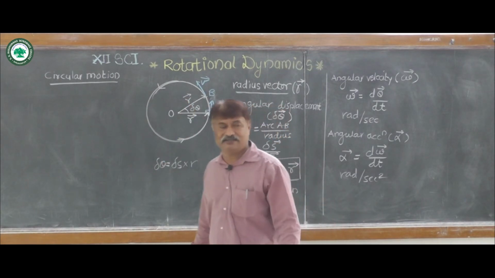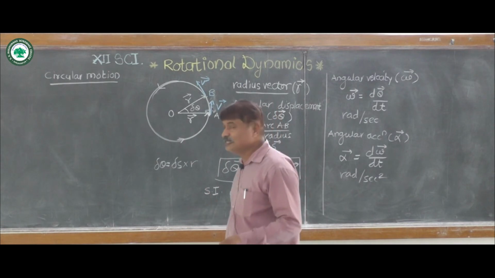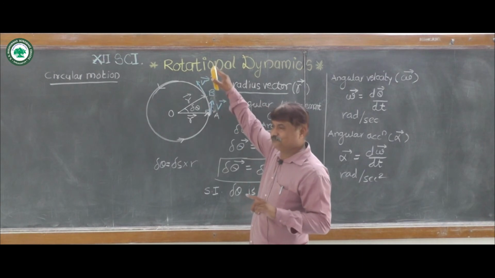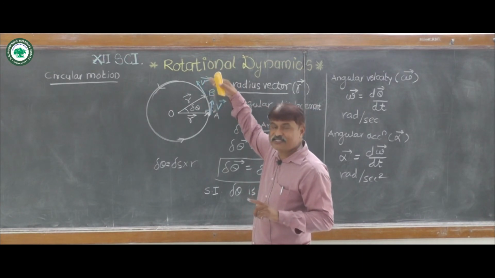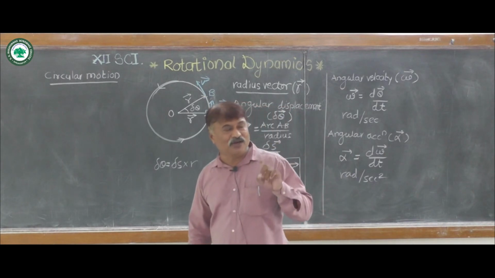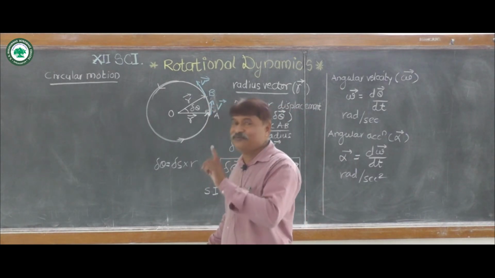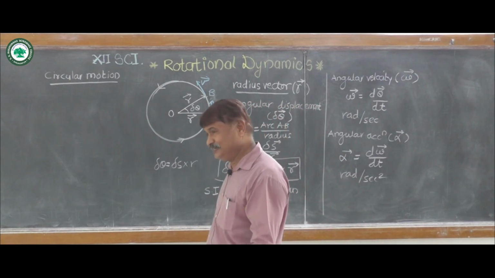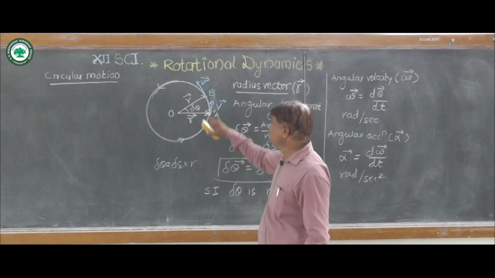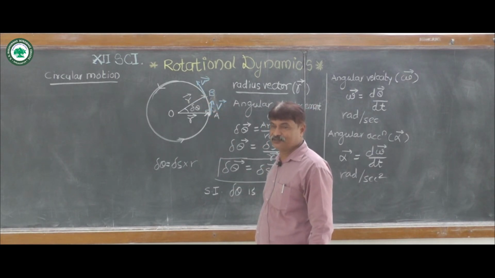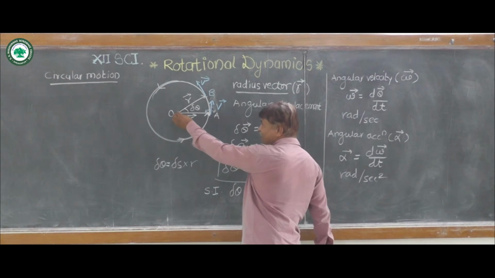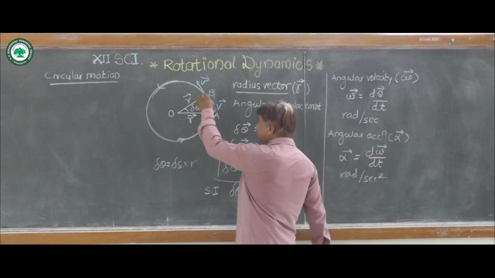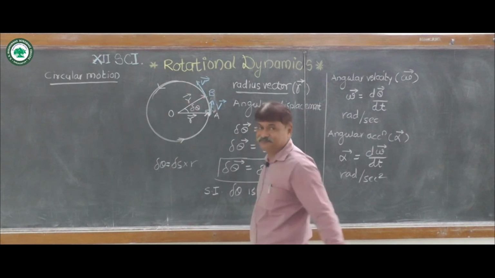Remember that the radius vector is always perpendicular to linear velocity, and linear velocity is along the tangent, and therefore it is also called tangential velocity. The radius vector moves from the center to the position of the particle.